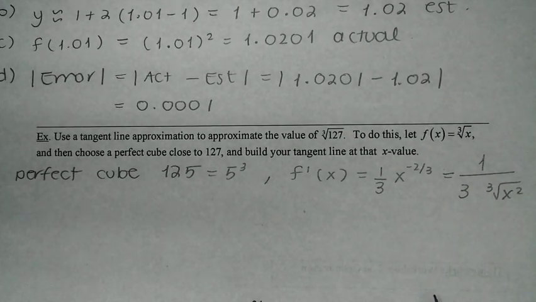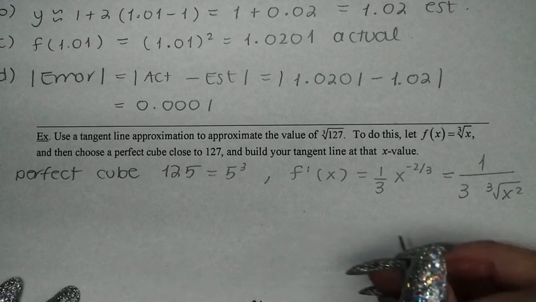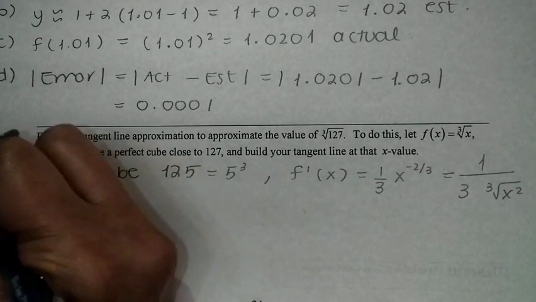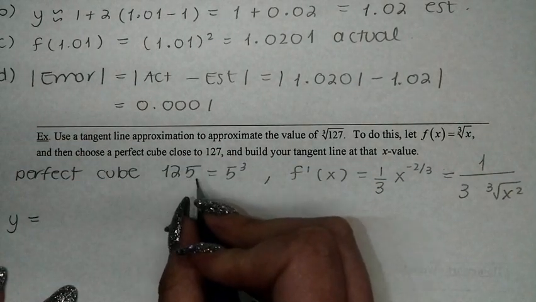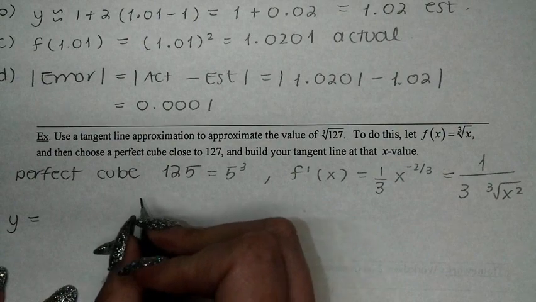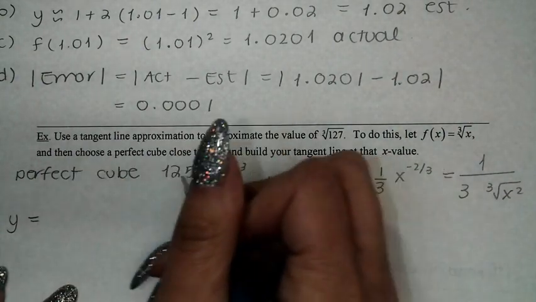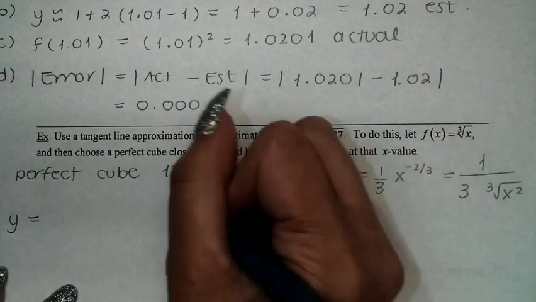Now, you're going to ask, what are we going to do here? Well, your approximation is going to be y equals something. That something is going to be f of a, where this is a.